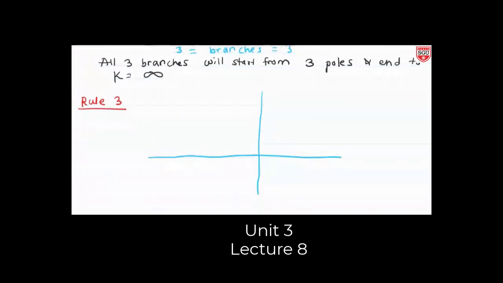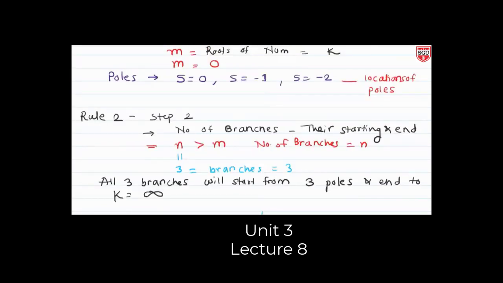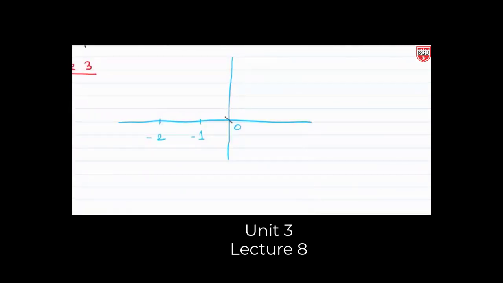Actually, we have to use graph paper for exact locations. The 3 poles are at s equal to 0, -1, -2. Here is the first pole, here is the next, here is the third. This is the j omega axis, this is the sigma axis, the real axis.